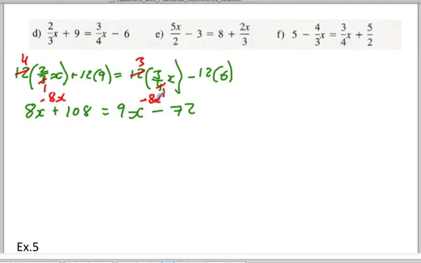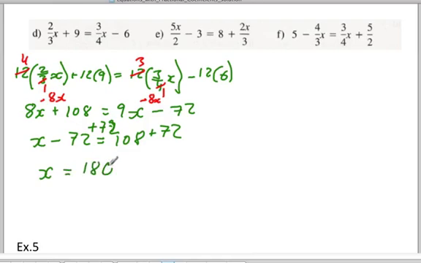So 9x subtract 8x is just x minus 72 is equal to 8x minus 8x is 0 plus 108 is 108. So now we just add 72 to both sides, and we end up with x is equal to 180.